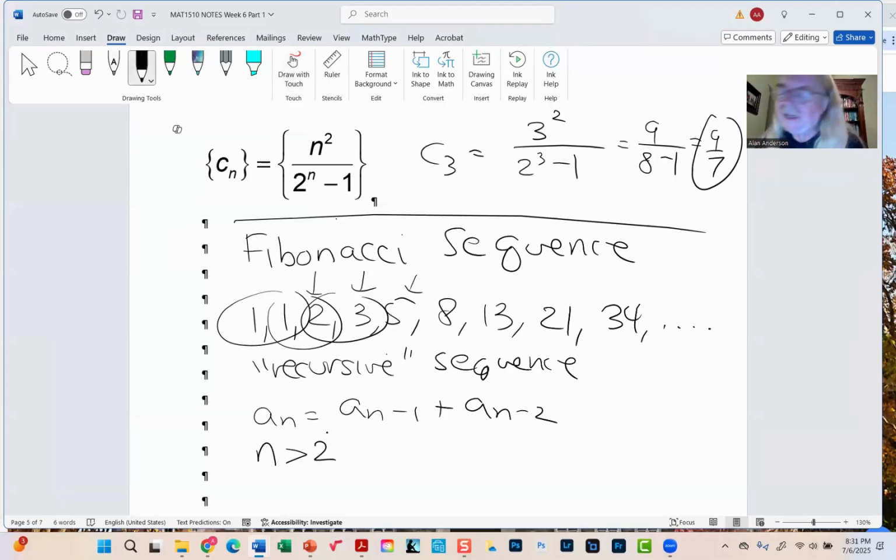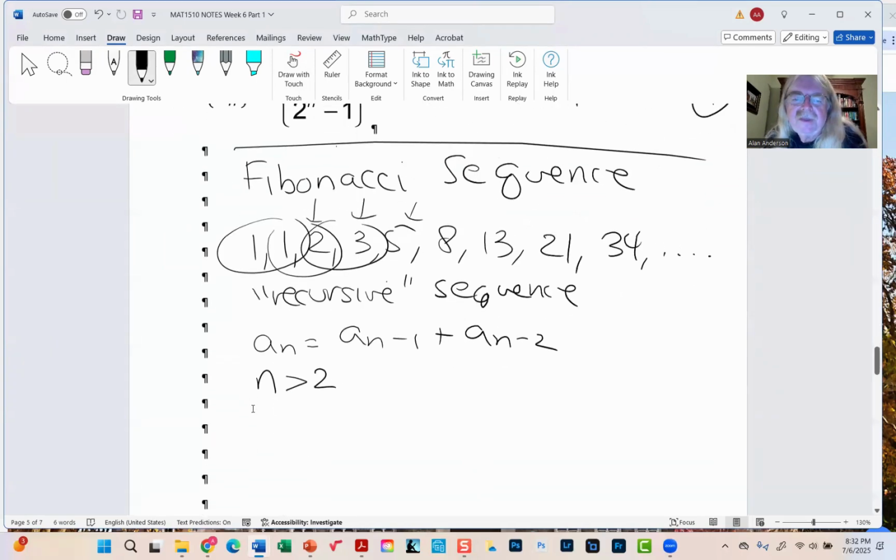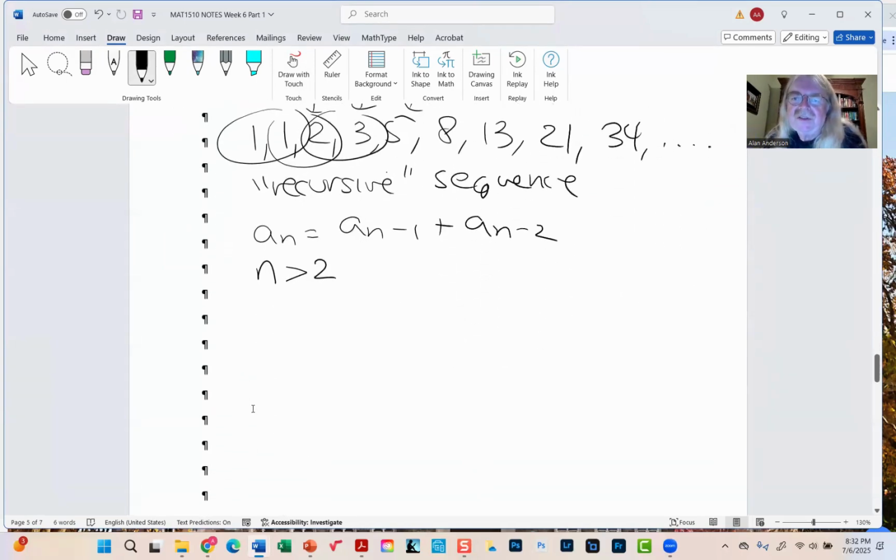And once you get to that point, for a_n, n minus 1 would be the previous term, and n minus 2 would be the term two back. So it's recursive because no matter what n is, you're adding up the two previous terms. You're not adding a specific function of n, you're adding the terms themselves. So this is what we mean by a fairly complicated recursive sequence. You know the history of this; it's a very interesting sequence, but this is an example of a recursive sequence.